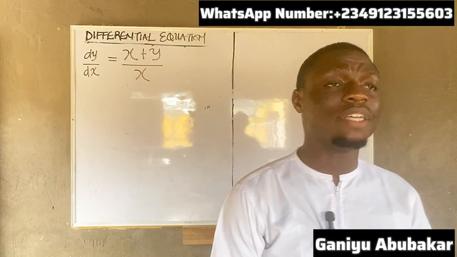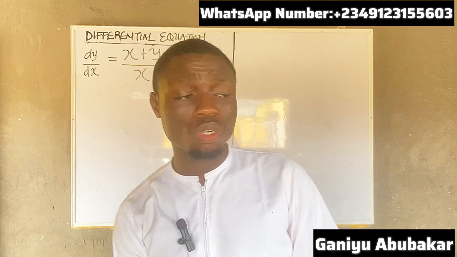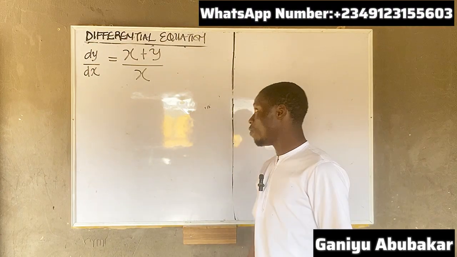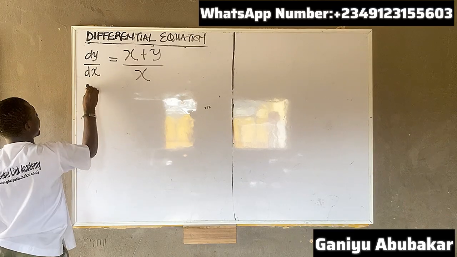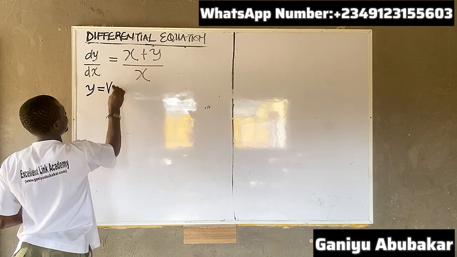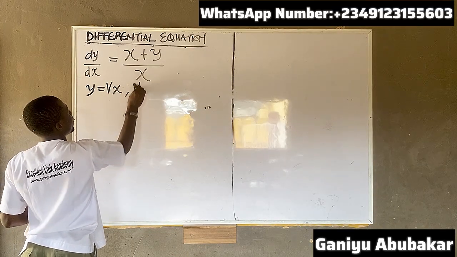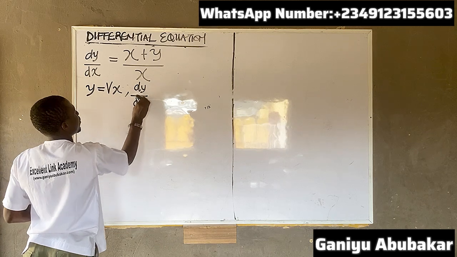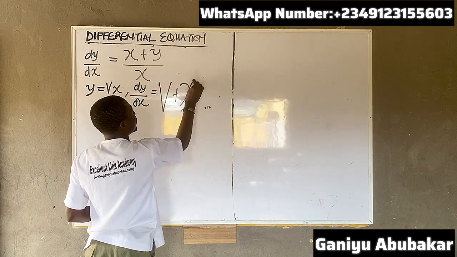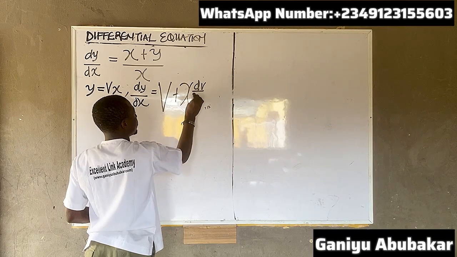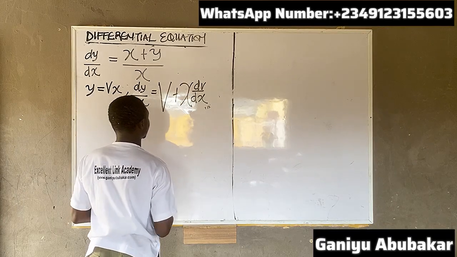What should come to mind? Use the third method. Now for the third method, the first task is to make y equal to vx, and also make y over x equal to v plus x dv/dx. Alright, I have this one here.